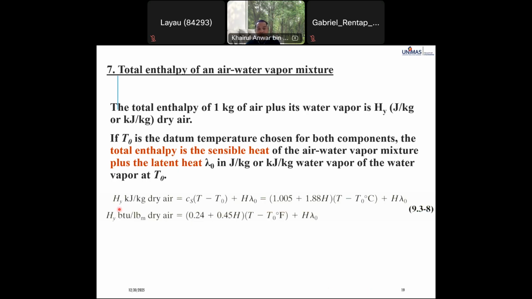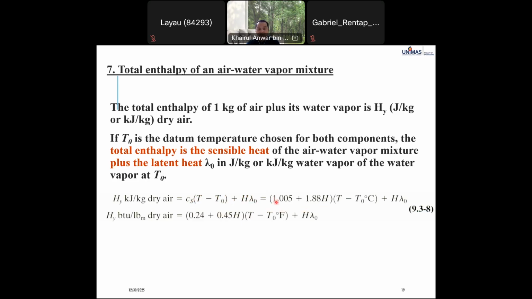So HY, the total enthalpy of 1 kg of air plus its water vapor, is equal to CS multiplied by T minus T naught, the reference temperature, plus H lambda naught, where lambda naught is the latent heat.